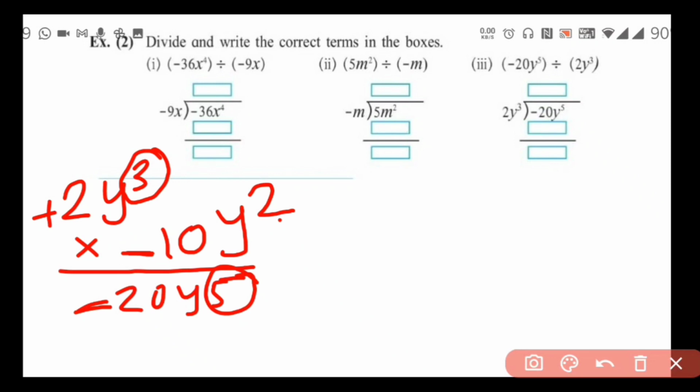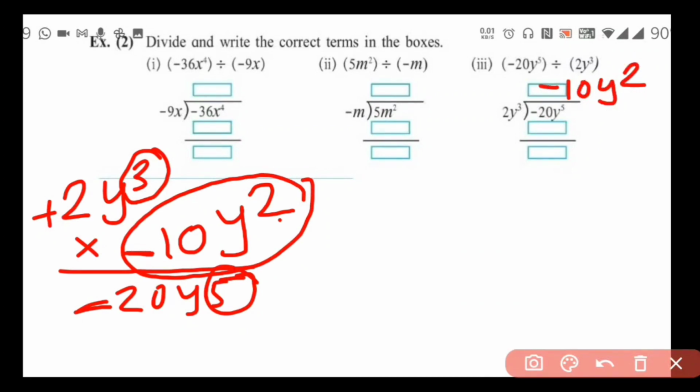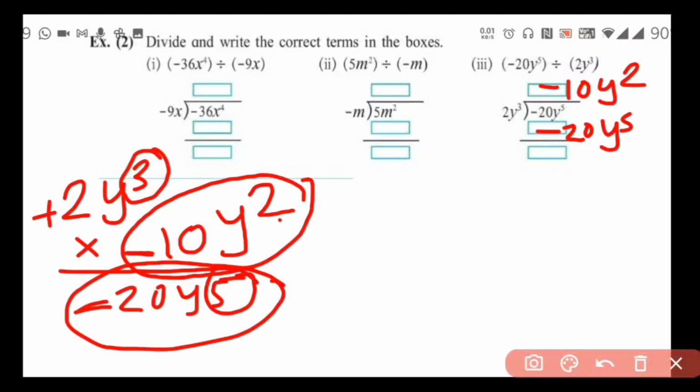So in this way this minus 10y square we write in the quotient. This minus 20y raised to 5 we write below the dividend, and then the remainder will be 0. In this way we perform the operation of division.